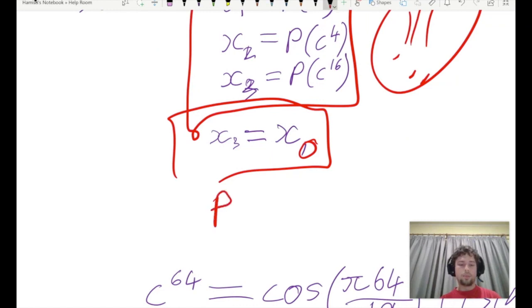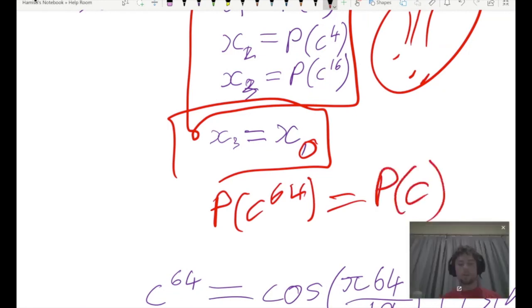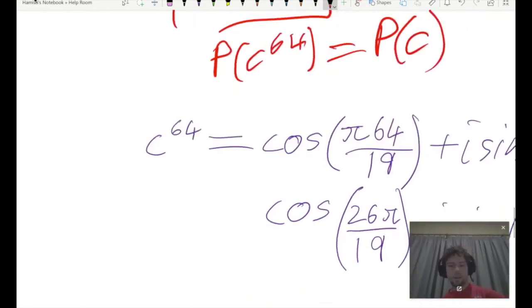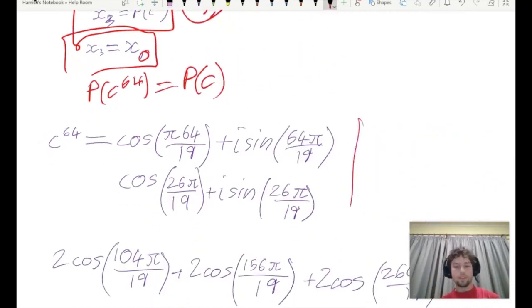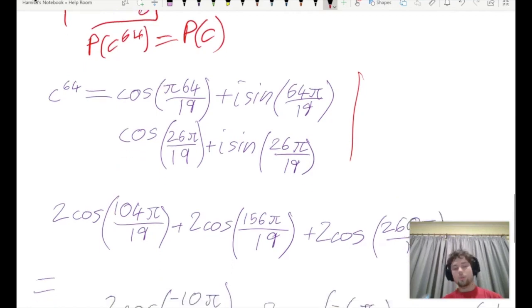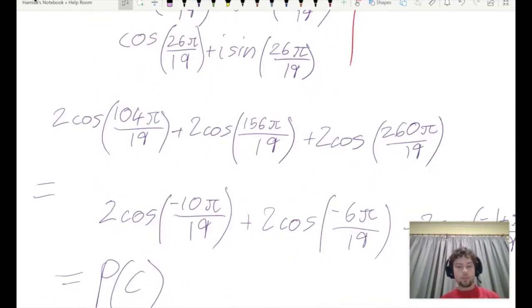So p of c to the 64 equals p of c, our initial value. You can do this. You find p of c to the 64, you simplify it as much as you can, and then you put it in our equation, you get 3 cosines, you simplify it.